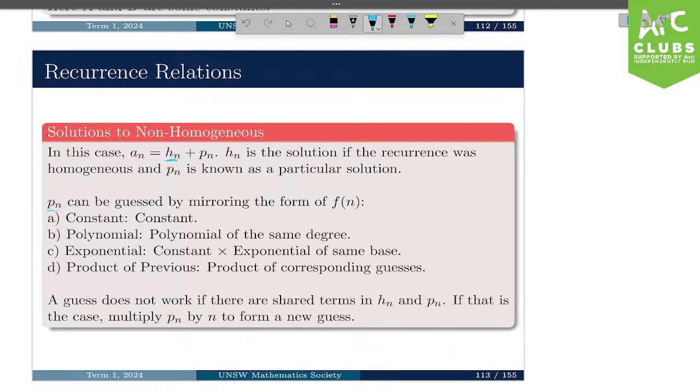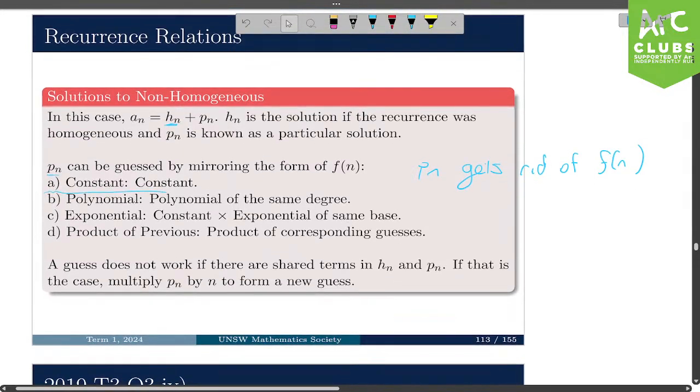So our P_n gets rid of f(n). If your f(n) is a constant, you want your P_n to be a constant to get rid of it. If it's a polynomial, you want to get rid of it by having the same polynomial. Same thing with exponential, same thing with product of previous.